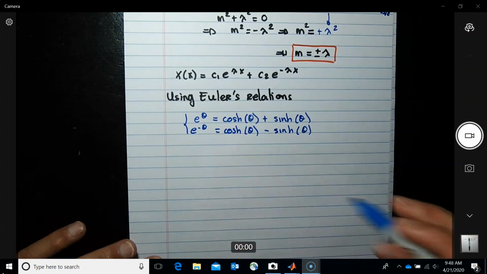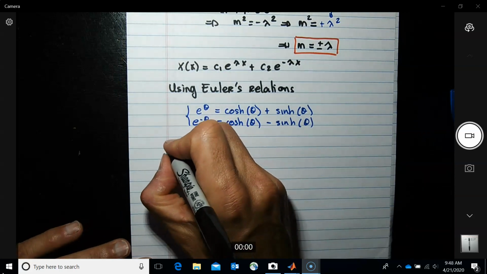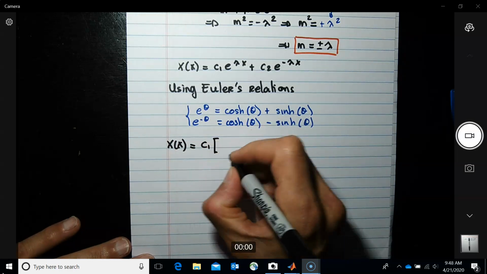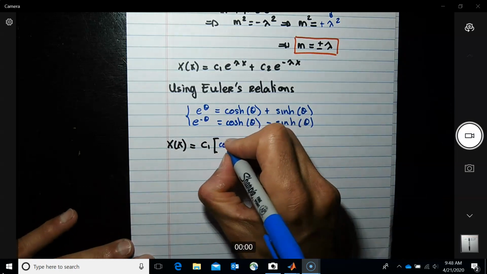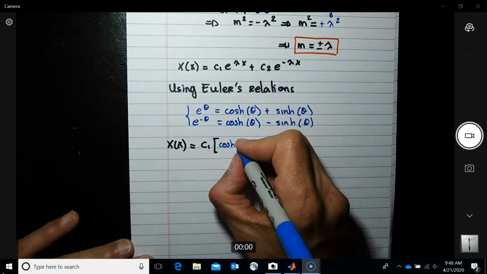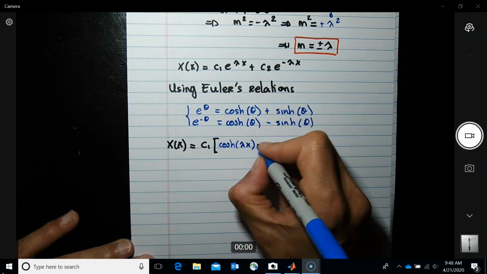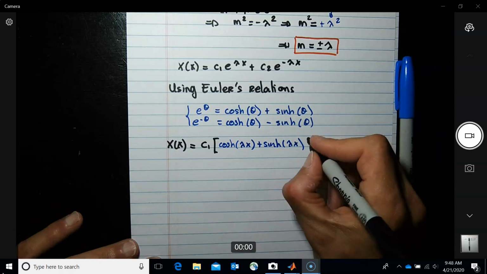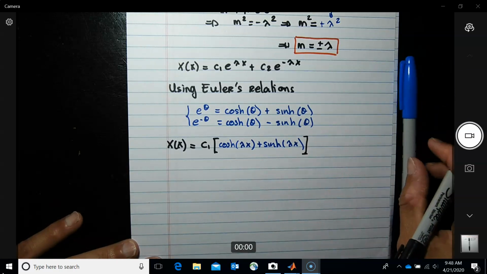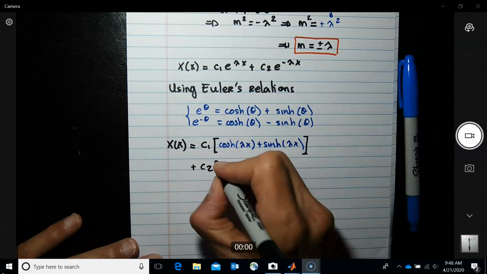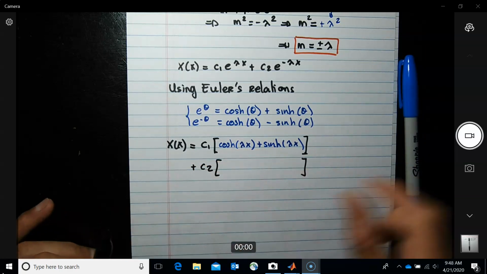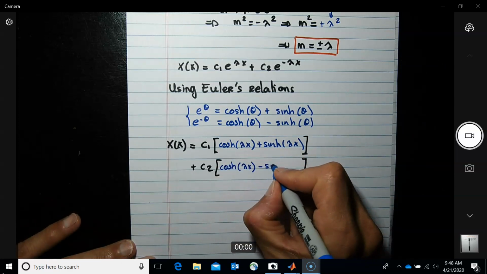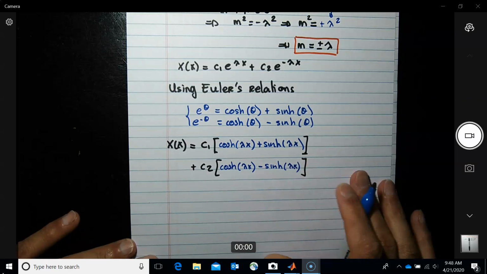So I just substitute over here. This means that x of x will become c1 times cosh lambda x plus sinh lambda x, plus c2 times cosh lambda x minus sinh lambda x.